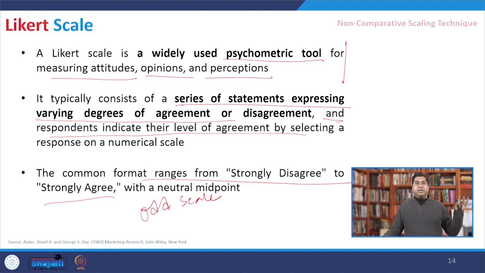The numerical mathematical midpoint of 1 to 5 would be 2.5, but in this case it is not, because it is an ordinal scale. So, 1, 2, 3, 4, 5: 3 is the midpoint, not 2.5. That is why, with this ordinal scale, we cannot calculate the mean and standard deviation. That is a limitation and we should understand it very clearly.